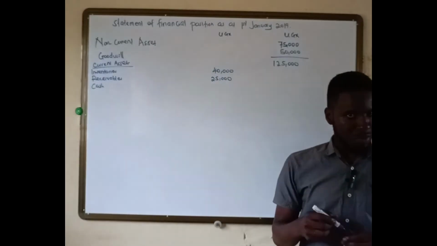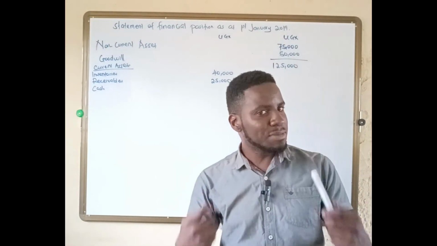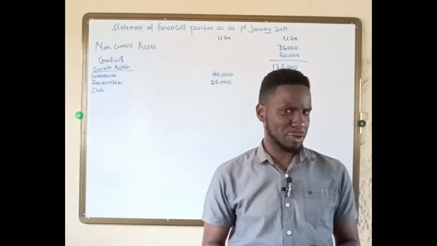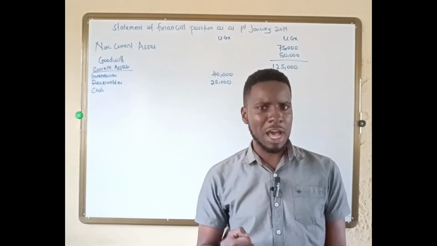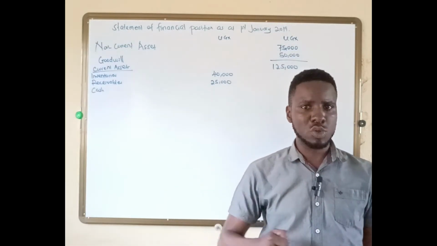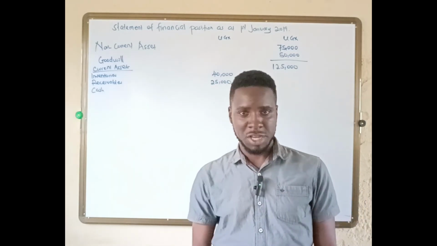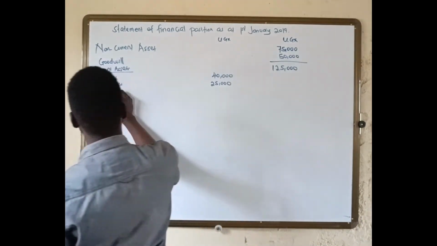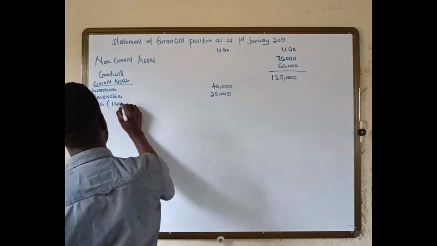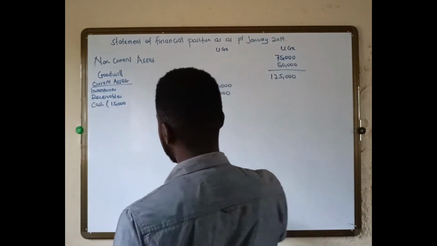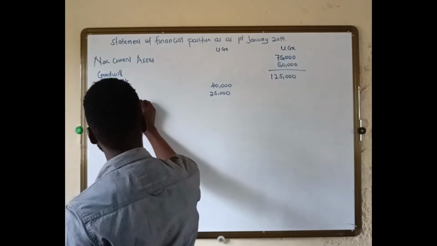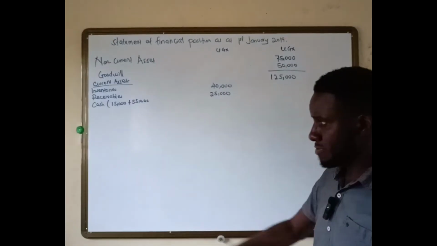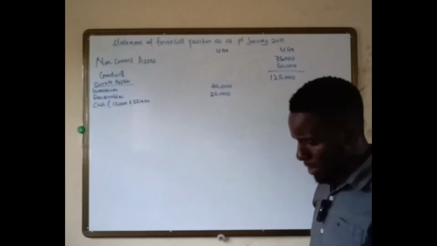But remember, when Robert was being admitted to the business, Robert came in with a certain amount of money. Robert came in with 55,000. So you're going to add it as cash because we have it in that business. So it will be the 15,000 that we had, plus our 55,000. Now this 55,000 is the money that Robert introduced to the business.